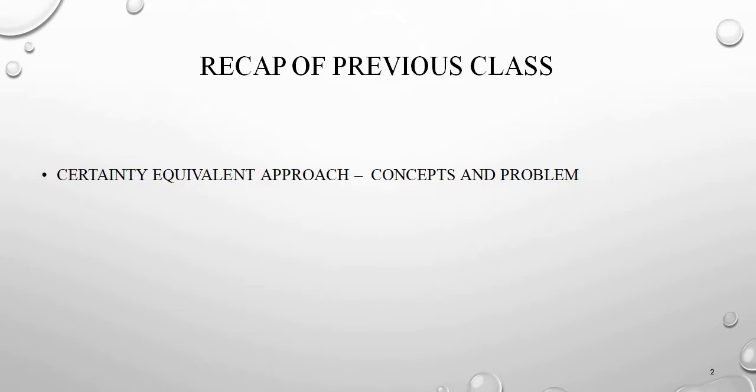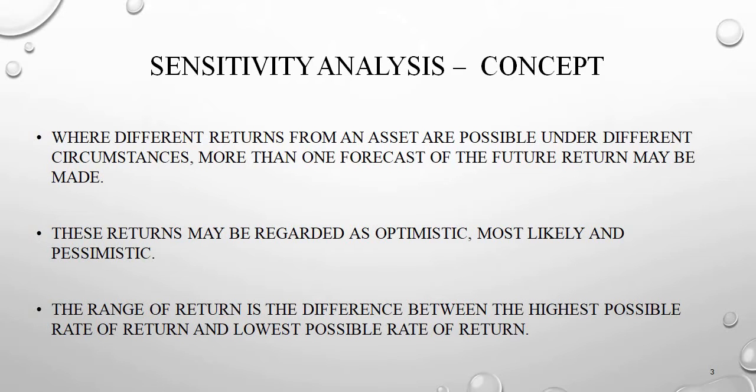Recap of previous session. In the previous session, we discussed concepts and problem of certainty equivalent approach. In this session, let us discuss sensitivity analysis concept, where different returns from an asset are possible under different circumstances.